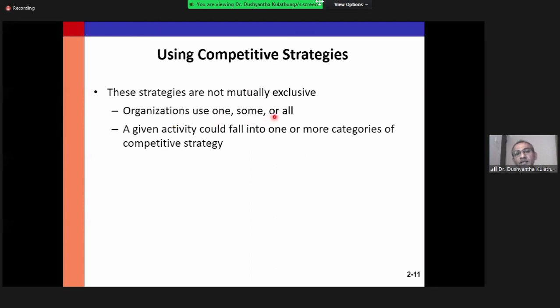Organizations use one, some, or all. A given activity could fall into one or more categories of competitive strategy.